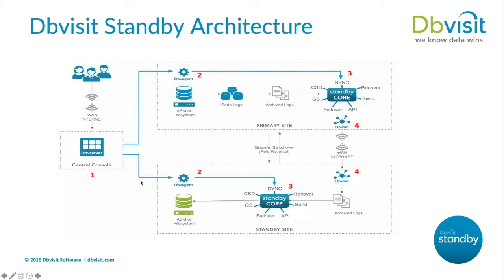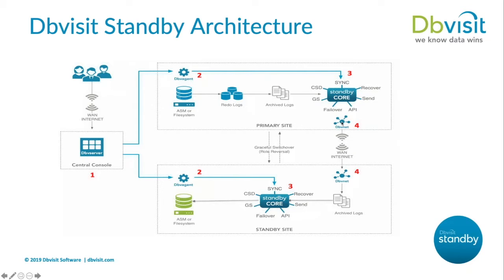So what then happens is you connect to a DBV agent on each of your sites or your hosts. You're going to have a little agent, and this agent is connecting your central console to the core. So you're also going to have the core installed.